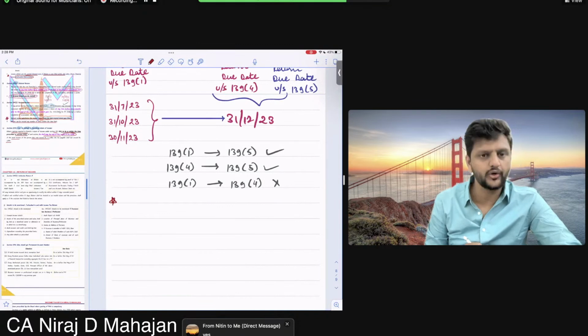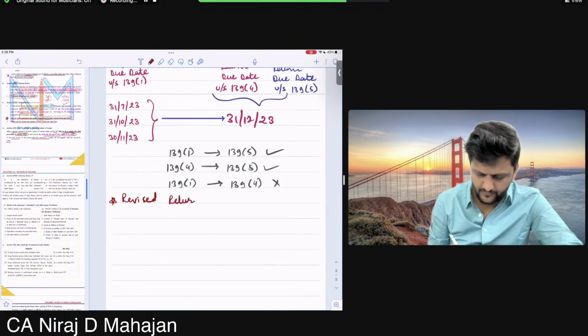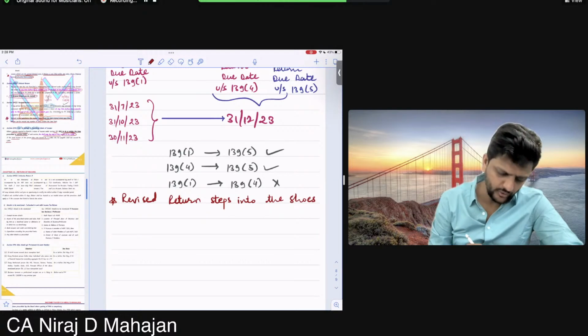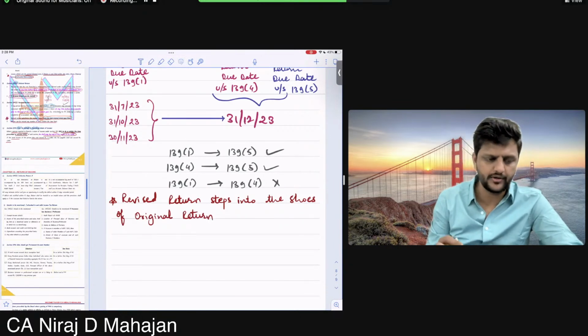And one important point which is already given in the notes also, but I'll write down in the notebook also. Revised return steps into the shoes of original return.